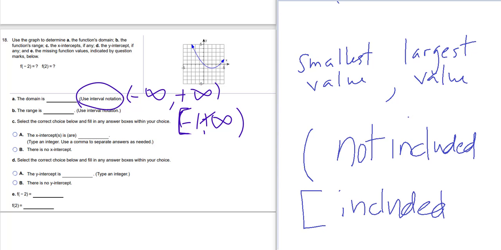So sometimes it looks like an ordered pair. You might have parentheses 3 to 8, but that means the x went from 3 to 8 in this context.